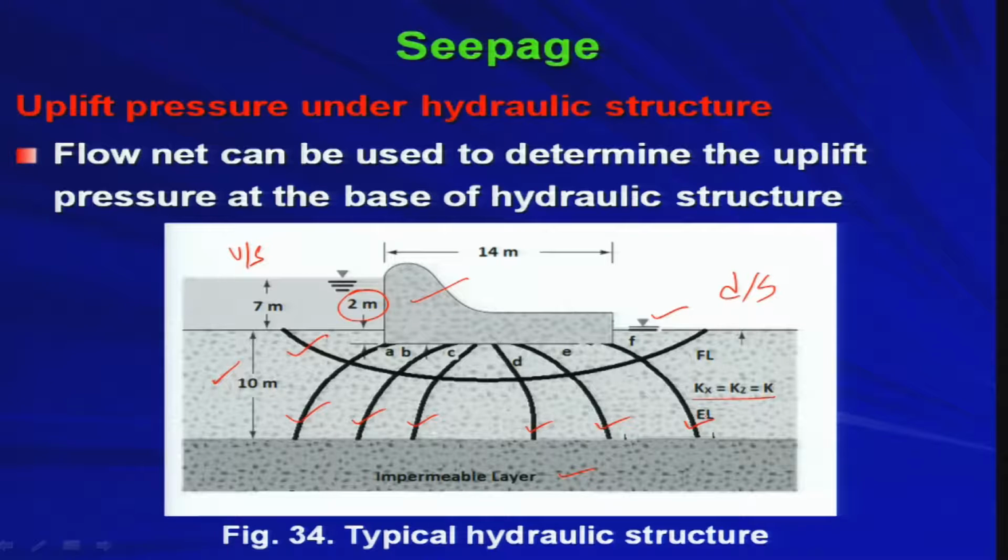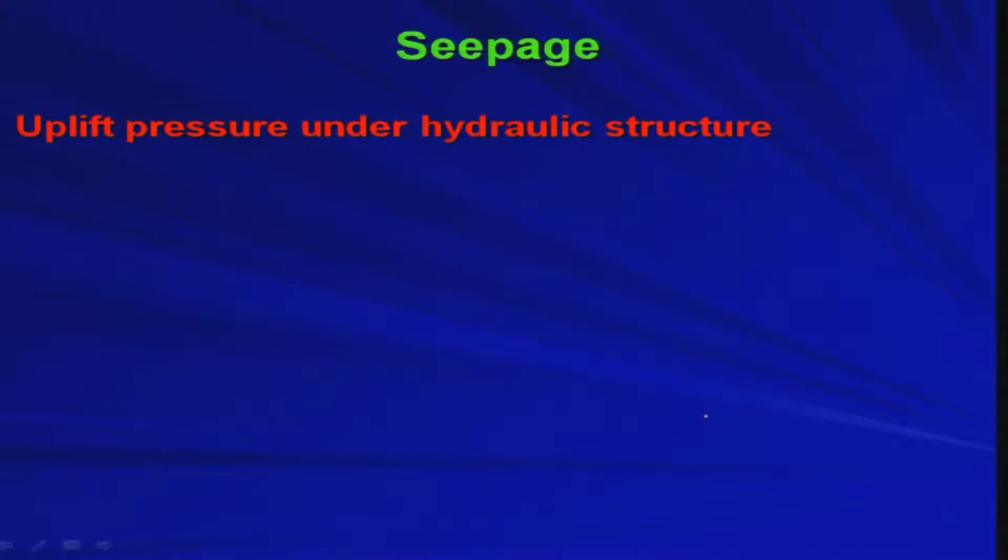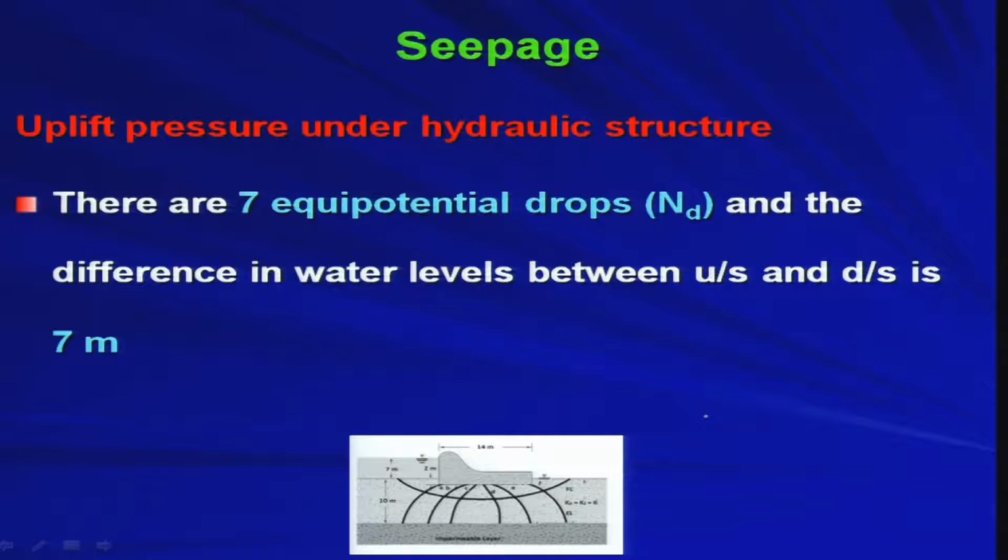Now, how do we find out the uplift pressure at the base of this hydraulic structure? Let us see. How many equipotential drops are there in the flow net? Though we have shown only one flow line, we are showing all the equipotential lines.